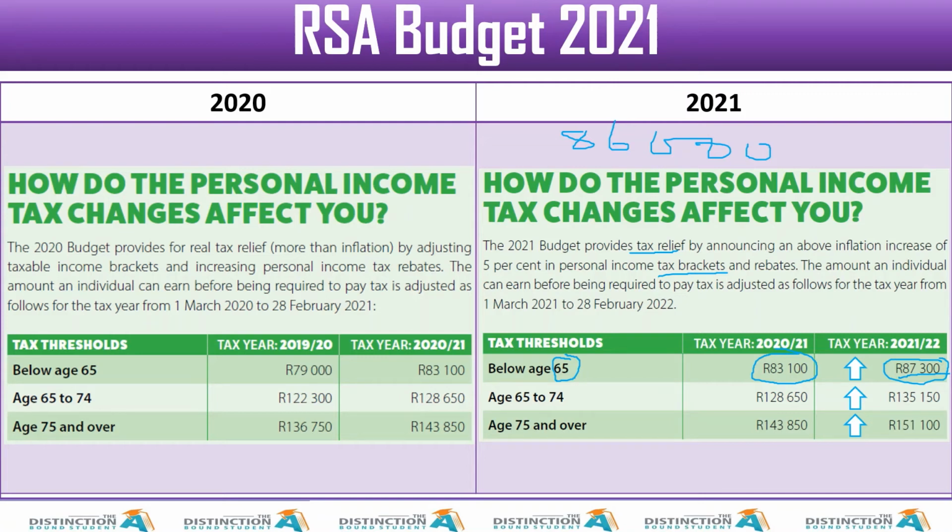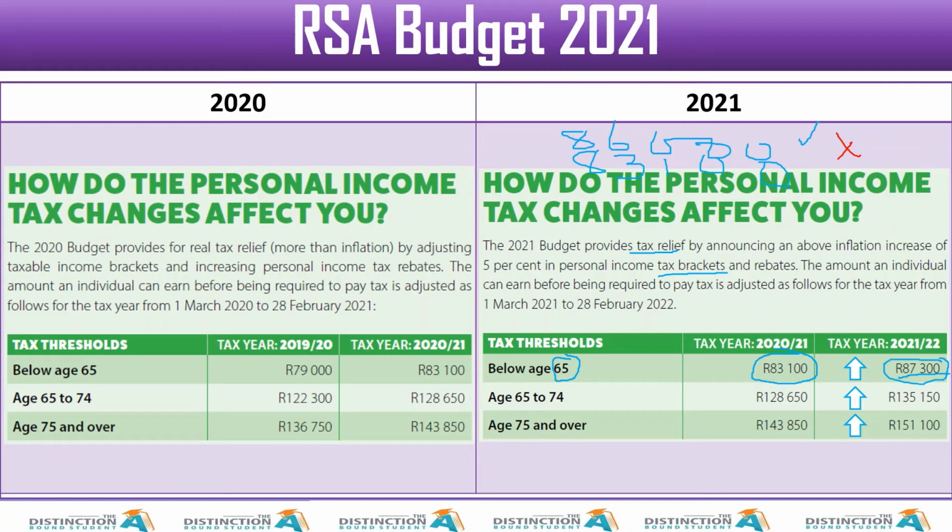Last year you would have paid, because they tax you on the difference between your income and the threshold. The threshold was 83,100, and now it's way above that, it's 87. So this person would pay tax last year, but now the person who earns this will no longer pay tax because the threshold has been taken up to 87,000.